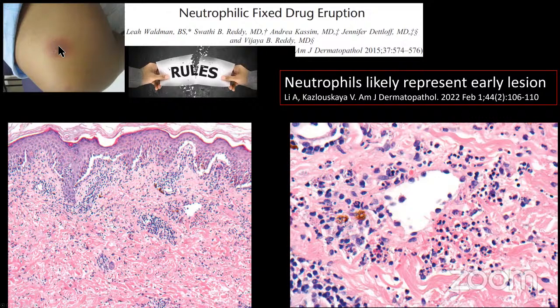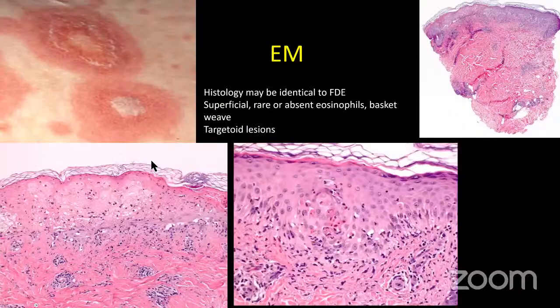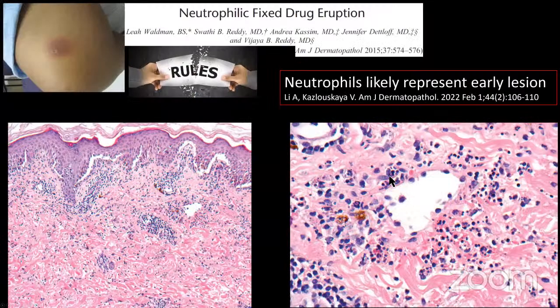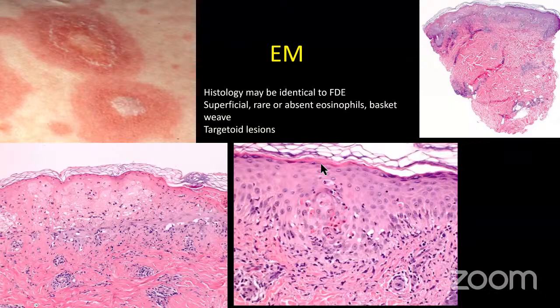So the old pigment dropout plus the new hit from having just taken the medicine again. And so sometimes you have neutrophils, although these authors looked at a whole bunch of theirs and felt that the neutrophil component might just be a factor of an early lesion biopsy. But don't let neutrophils dissuade you if you think it otherwise might be a fixed drug eruption.